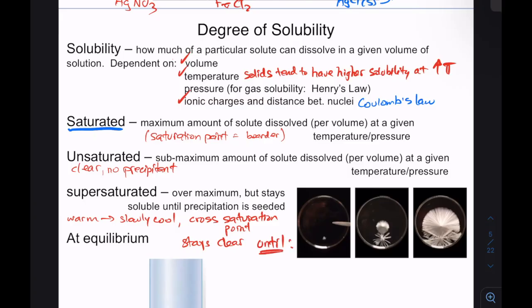until you do something to add a little bit more energy to the system. In this case, in the picture from the textbook, it's seeding the reaction. You seed it with a few crystals. And just by giving the supersaturated solution a few crystals of that ionic compound, it now seeds the precipitation, and all of a sudden, like, whoosh, everything comes out of solution very, very quickly.